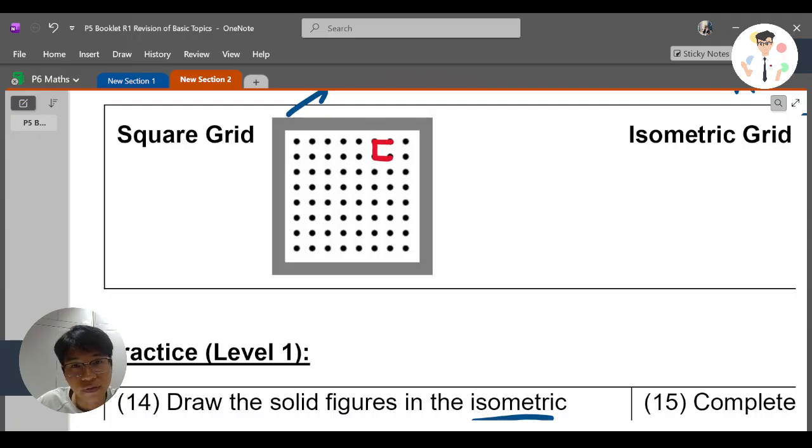This means that going horizontally and vertically, each step is 1 unit. But if going diagonally like this, is it 1 unit? It's not 1 unit. In this case, this is wrong. This is correct. So please be very careful. In a square grid, horizontally and vertically is 1 unit.